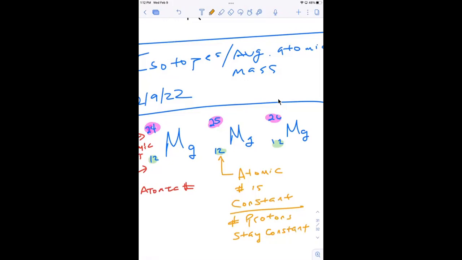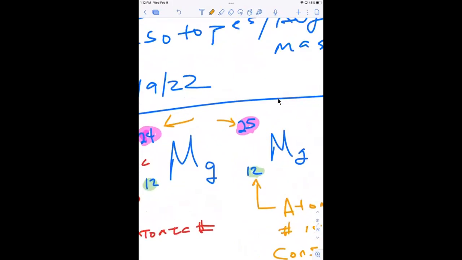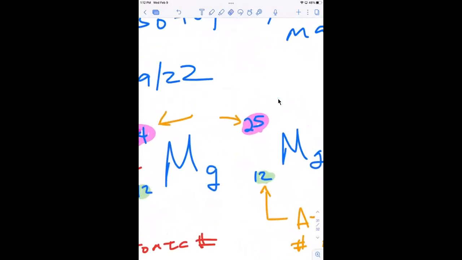But what is changing to go from 24 to 25 to 26? What are we adding to the atom to increase its mass? Neutrons. Good. So the change in atomic mass, let's say going from 24 to 25, indicates the addition of a neutron. I'm sorry, the change in atomic mass; I think I said atomic number.